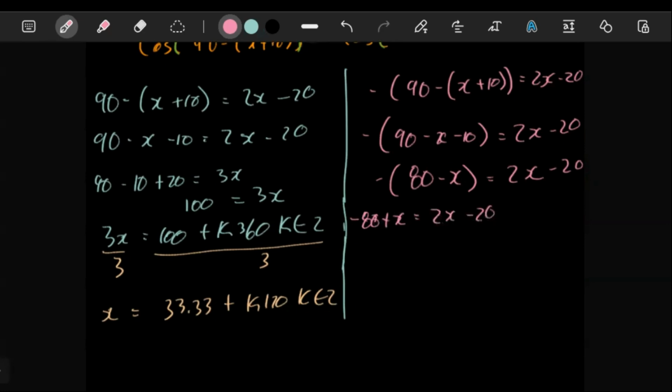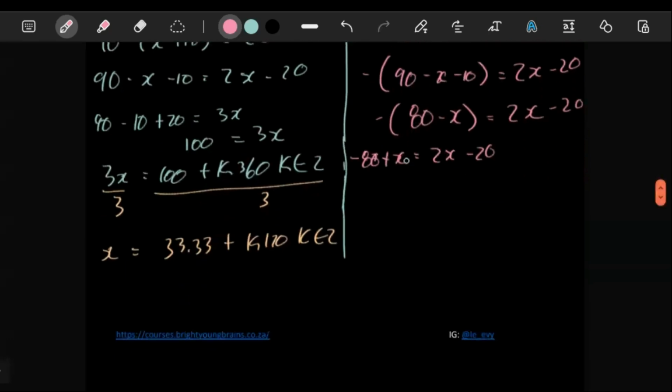So the 3x, the x goes to the other side, you're going to have 3x. This goes to the left, you're going to have negative 60. Uh-oh. No, when the x goes over there, you minus. Focus. 2x minus x, you're going to be left with x. For the final answer, you're going to say x is equal to negative 60 plus k360, k is an element of integers.